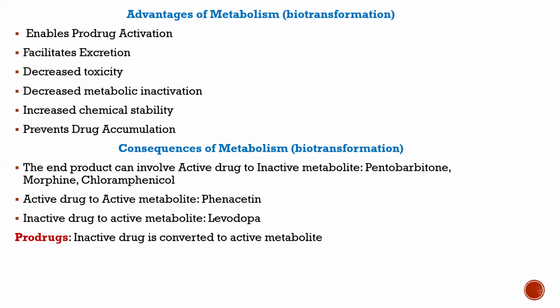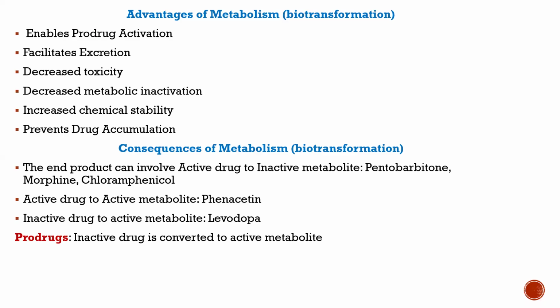Number one, it helps in activation of prodrugs. Prodrugs are drugs that are inactive, that are acted upon or metabolized to expose the active forms. So some drugs are even given in these inactive prodrug forms so that when they are metabolized in the body, they produce an active one. So they're very, very important. It facilitates excretion.